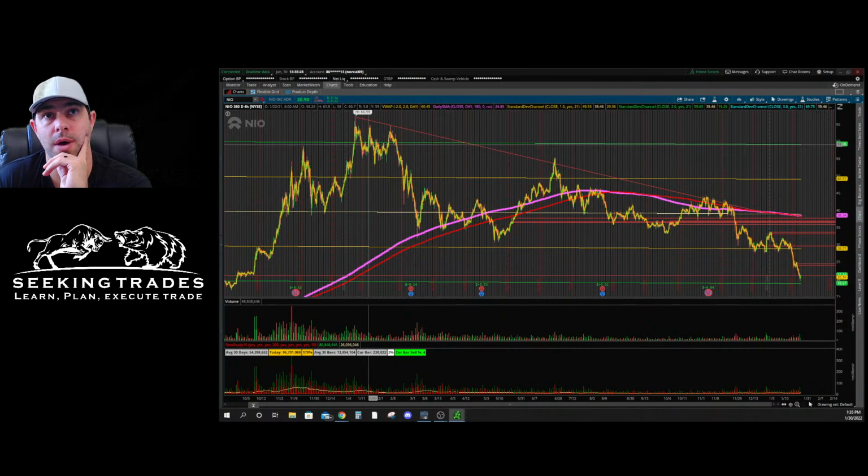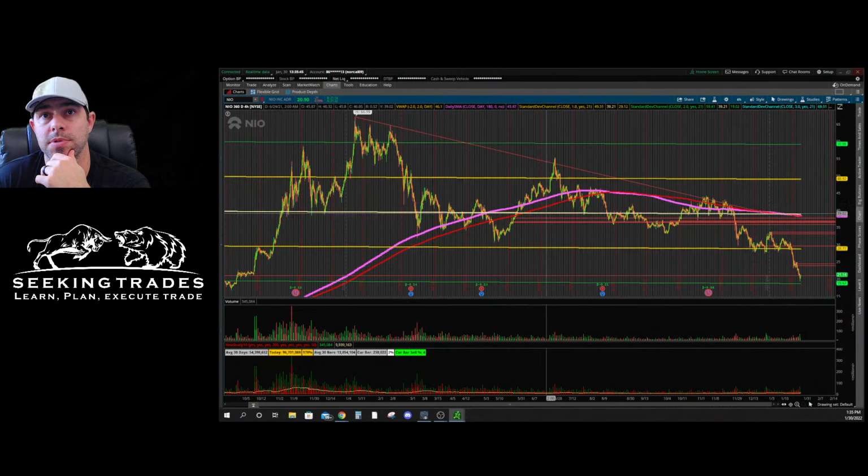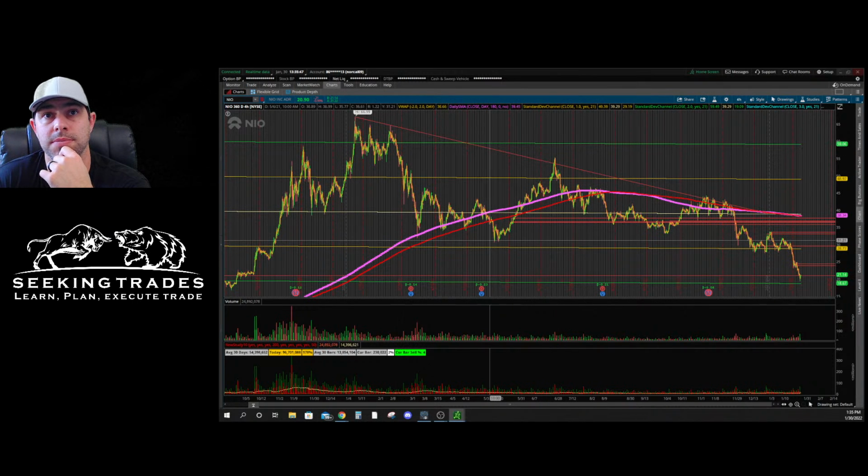So Neo chops around up here, triple top, basically fails. Big sell off, amazing. Then it comes down here, kind of bases and rallies.